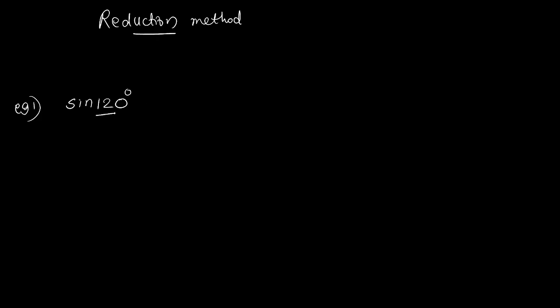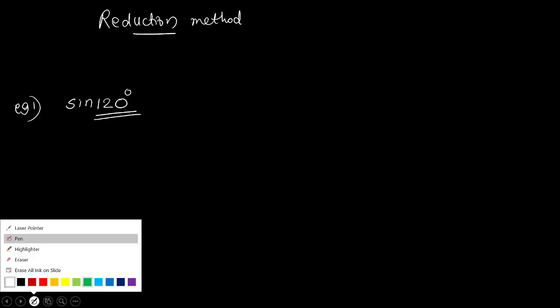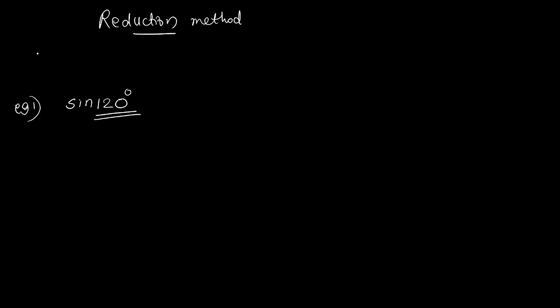If you are given an angle above 90 degree, you must express it as either 180 plus theta or 180 minus theta, or either 360 plus theta or 360 minus theta. I will repeat, don't worry.